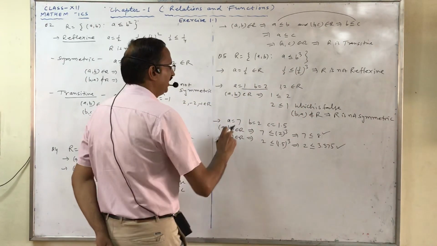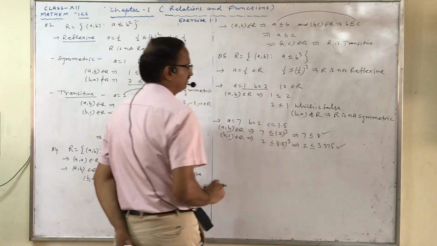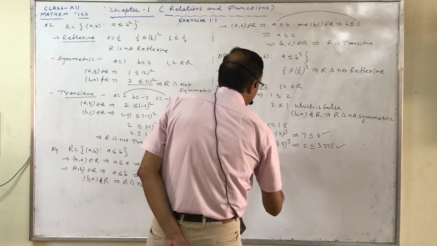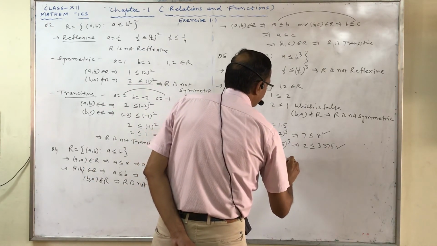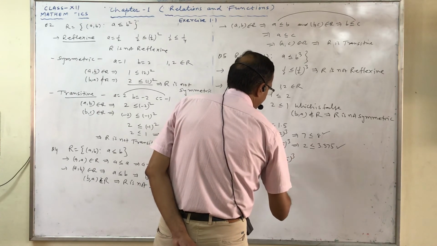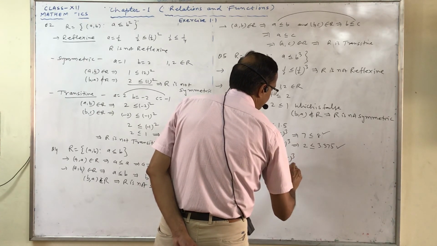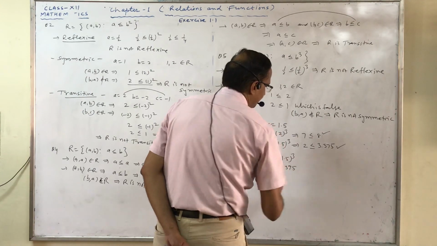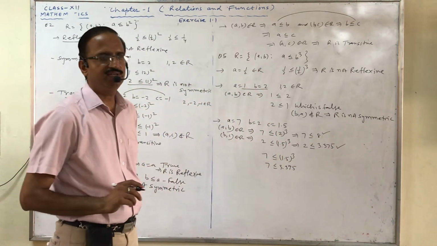Now we will take a and c. So check whether 7 is less than or equal to 1.5 cubed. 7 is less than or equal to 3.375. Is it correct? No, it is not correct.